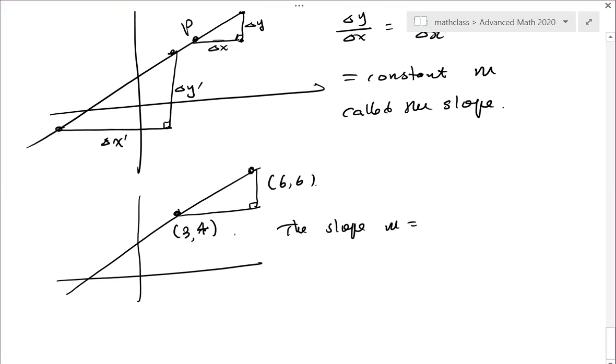The difference between 3 and 6 is delta x, and that's delta y. Delta x from 3 to 6 is going to be 6 minus 3, which is 3. Delta y from 4 to 6 is going to be 6 minus 4, that's 2. Okay?